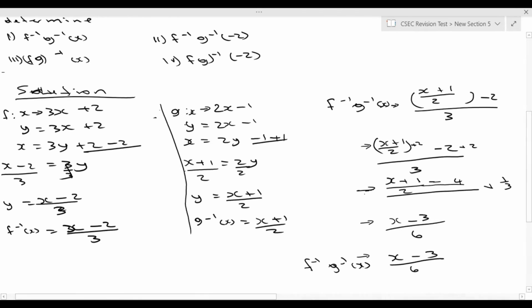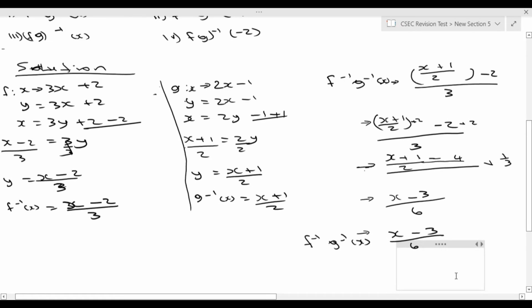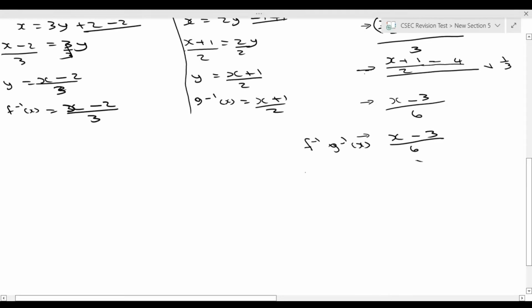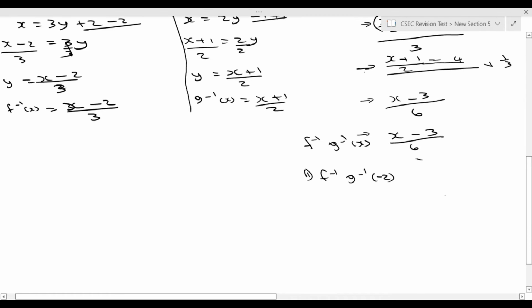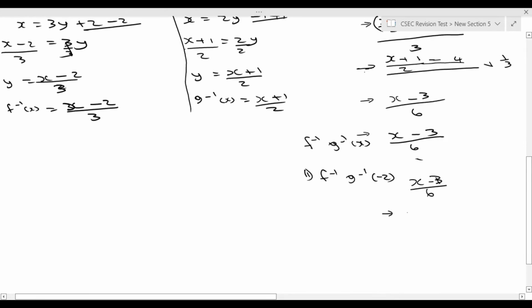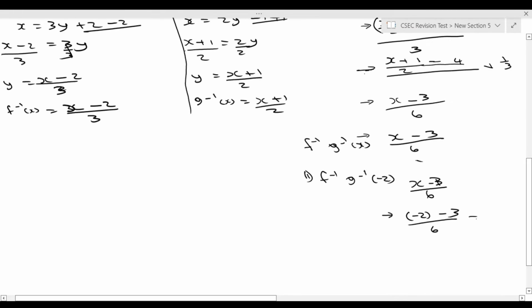The next step said that we should substitute our x to be equal to negative 2. So it will be (negative 2 minus 3) over 6.